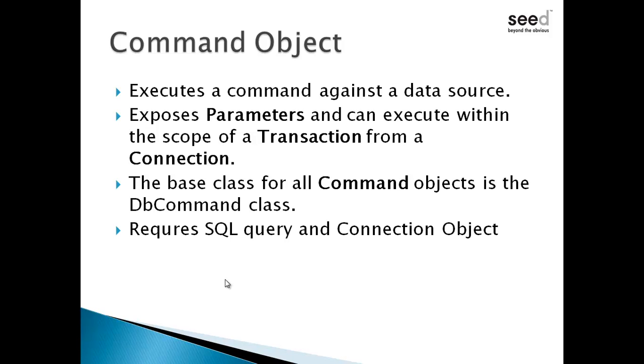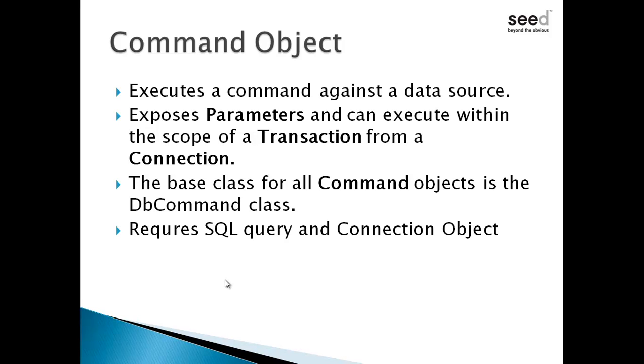Then the command object. The command object executes a command against a data source. Whenever I want to save something in the database, I'll use an insert command. Whenever I want to extract some records from the database, I will use a select command.